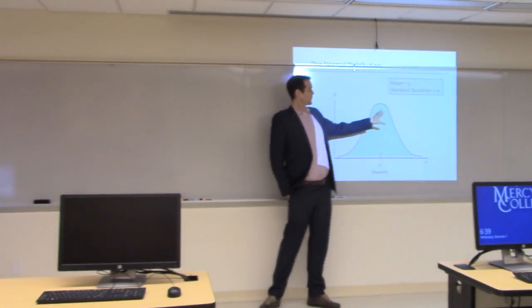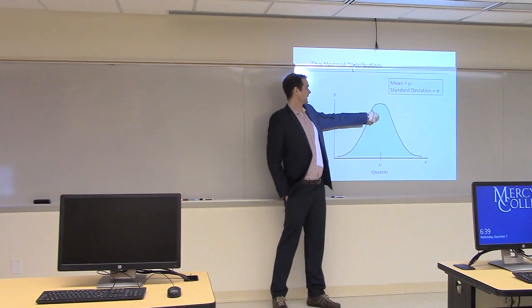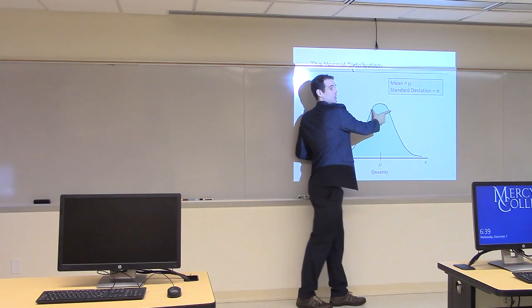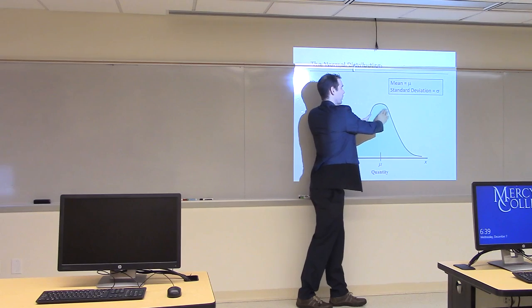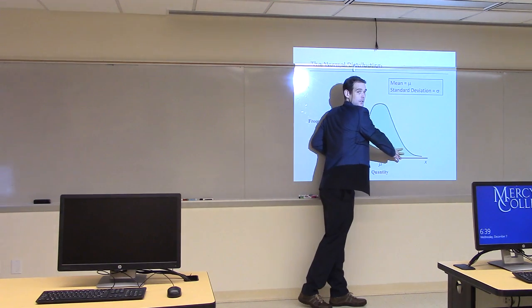Now, if there's an equal probability that one tree is going to be a little bit taller, a similarly equal probability that one tree is going to be a little bit shorter, if those things are based just on random chance, then it will fall into a nice symmetrical normal distribution like this.